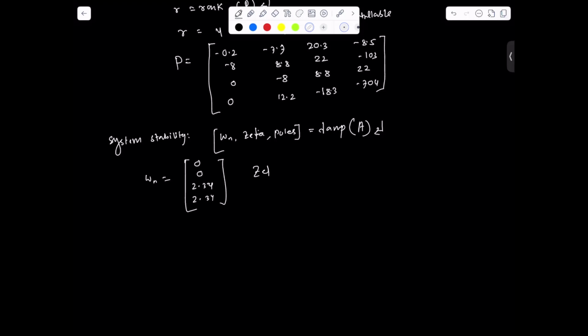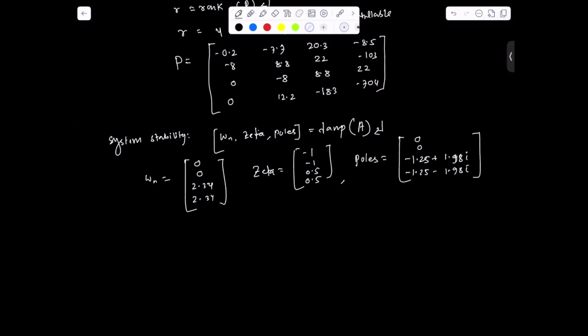And zeta found to be minus 1, 0.5, 0.5, and poles found to be 0, 0, minus 1.25 plus 1.998i, minus 1.25 minus 1.98i.